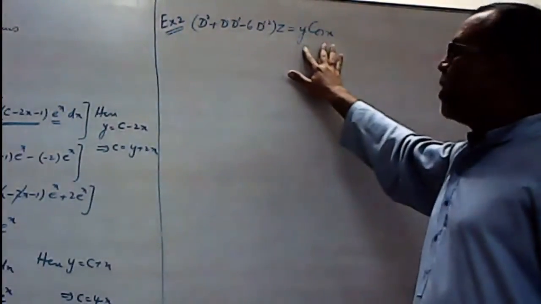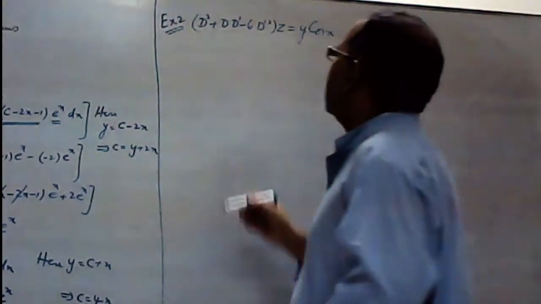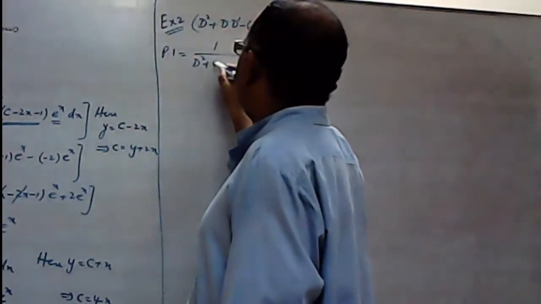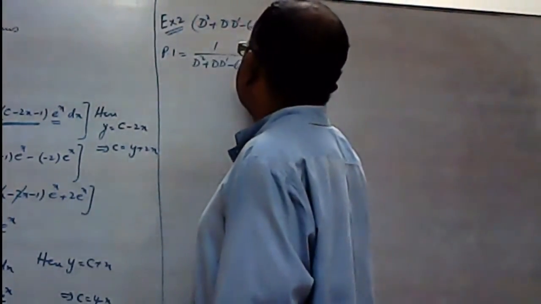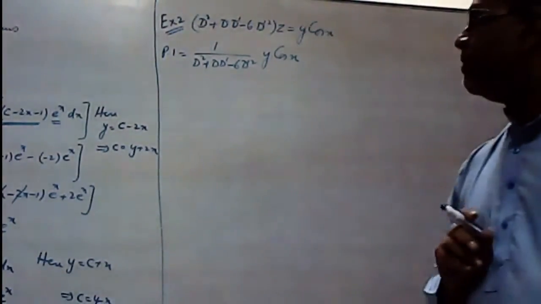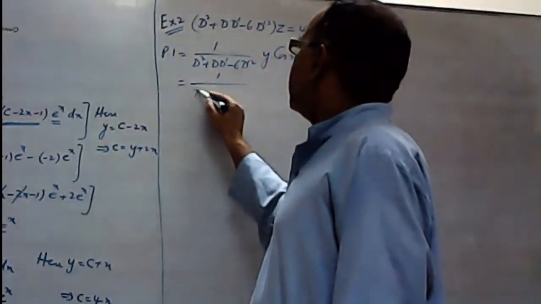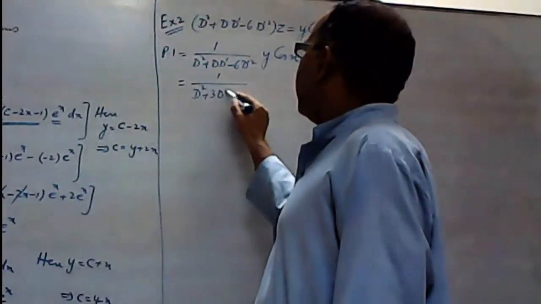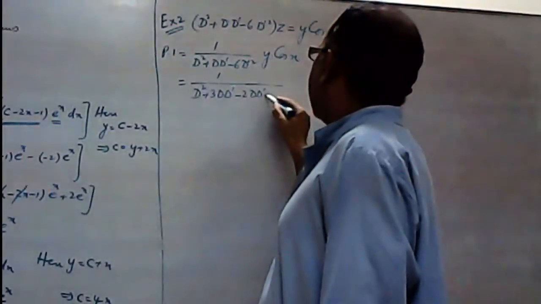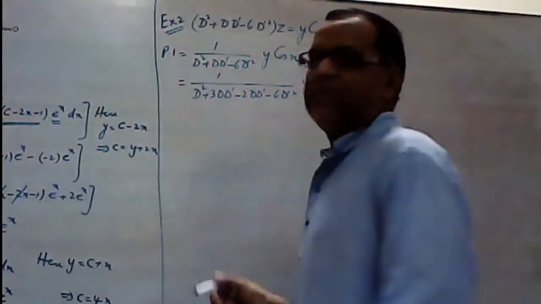I am considering a product of the third method and the second method. So again, when we find the particular integral, we will write 1 upon (D² + D'- 6D'²) of y cos x. Again, we need to break this term. It means D² + 3DD' - 2DD' - 6D'² on y cos x.